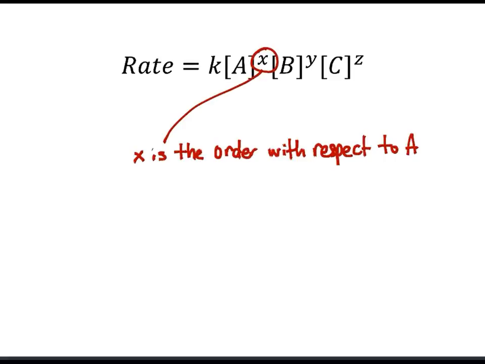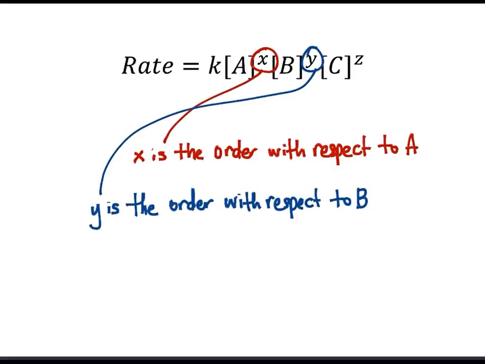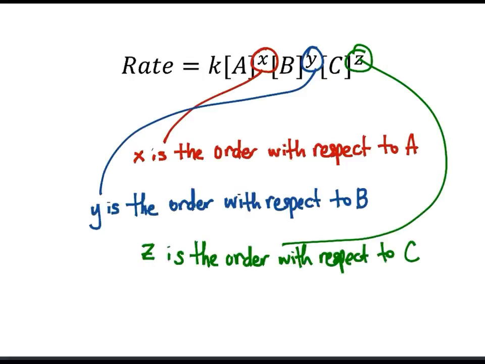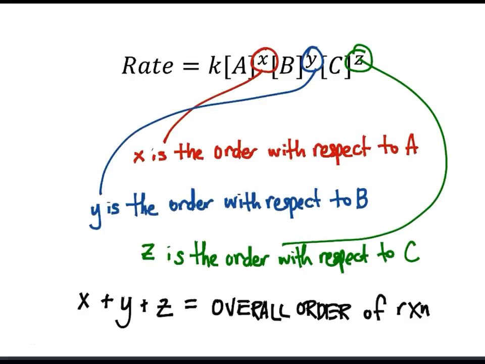x would be called the order with respect to A. y is the order with respect to B. And of course, z is the order with respect to C. If you take the sum of those three numbers, then that would be the overall order of the reaction.